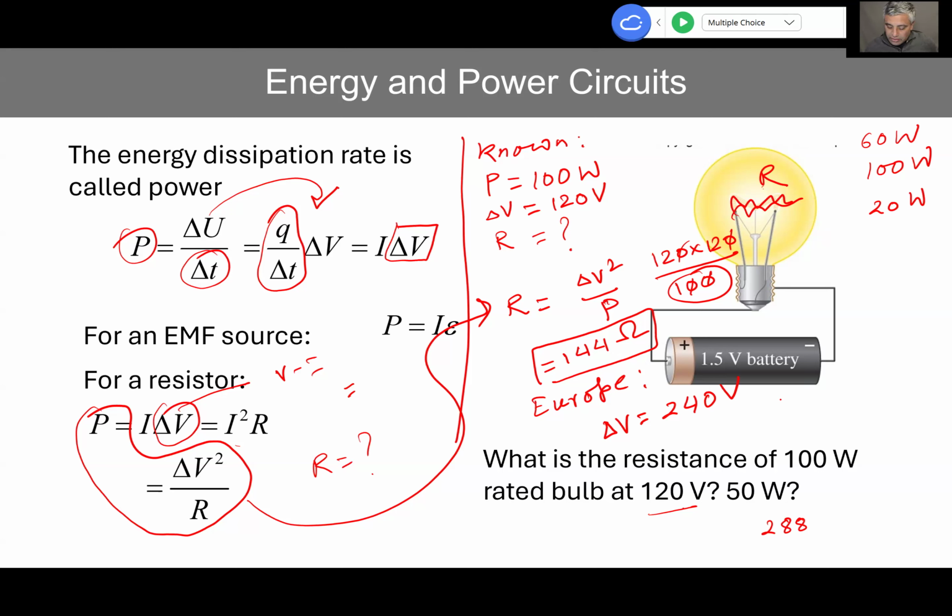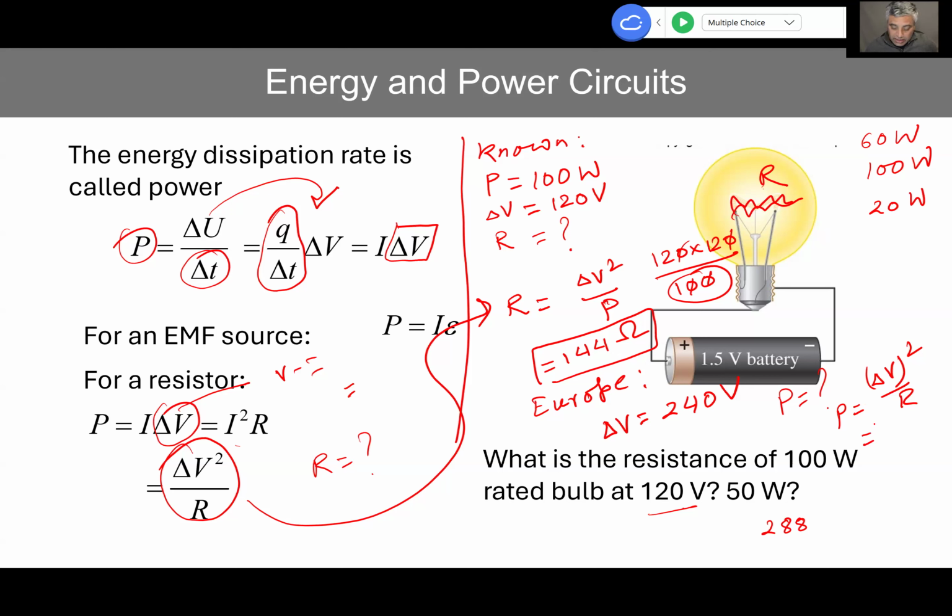So now, will we get 100 watt from the 100-watt light bulb? No. So if I calculate this using this formula, delta V square over R, then what's going to happen?